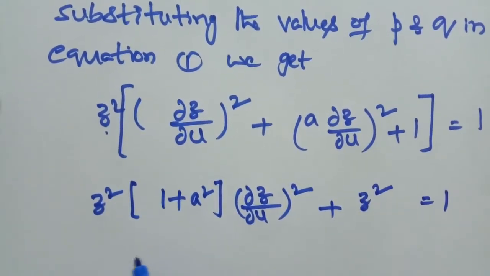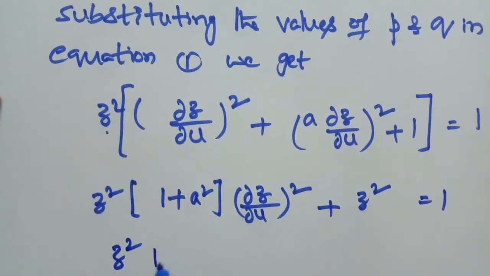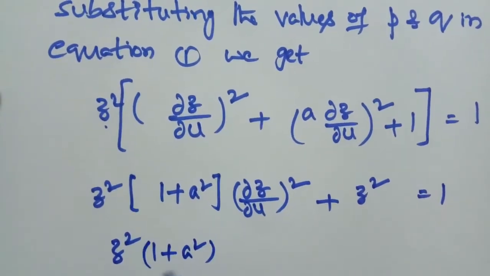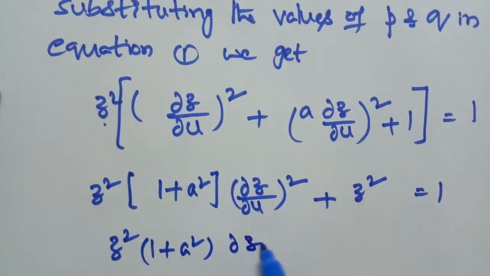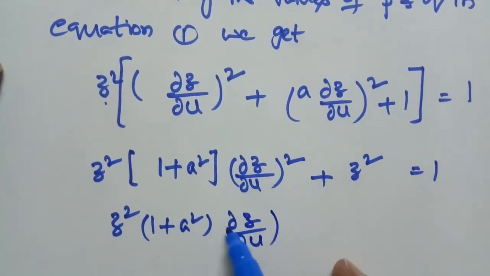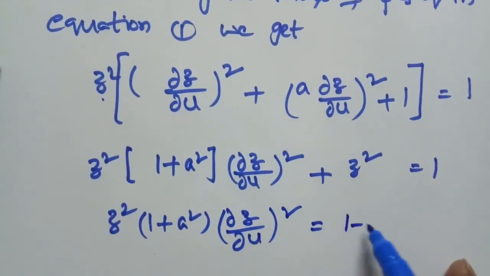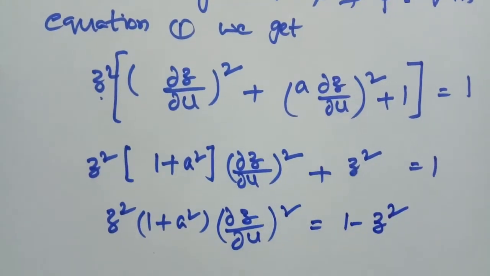Again, this can be written as z square into 1 plus a square into dou z by dou u whole square equal to 1 minus z square.